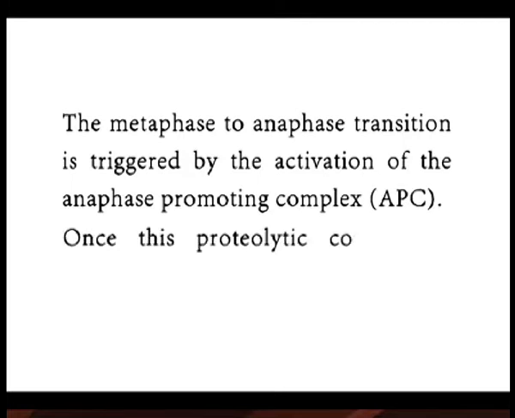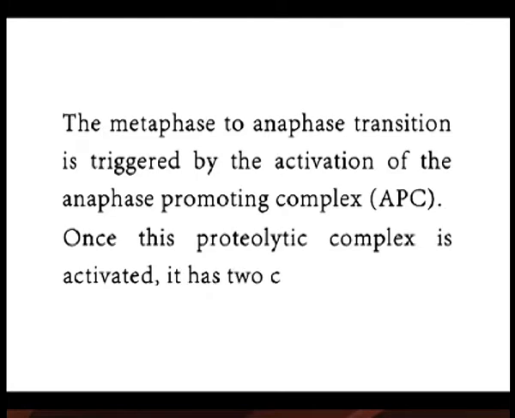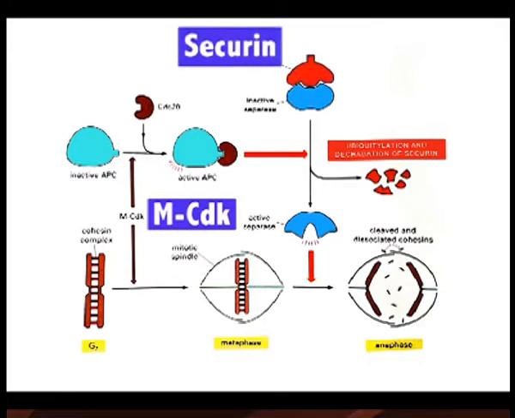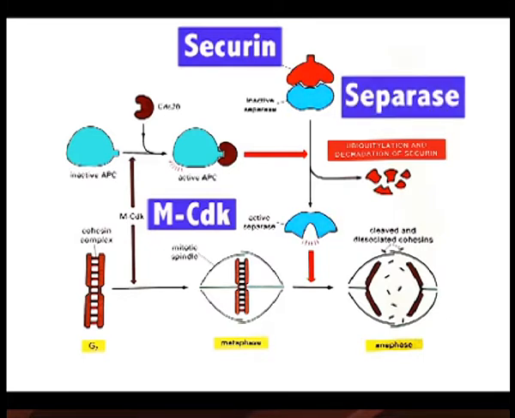Once this proteolytic complex is activated, it has two crucial functions. One, it cleaves and inactivates the M phase cyclin, thereby inactivating M-CDK. And two, it cleaves an inhibitory protein called securin, thereby activating a protease called separase, which cleaves a subunit in the cohesion complex to unglue the sister chromatids.